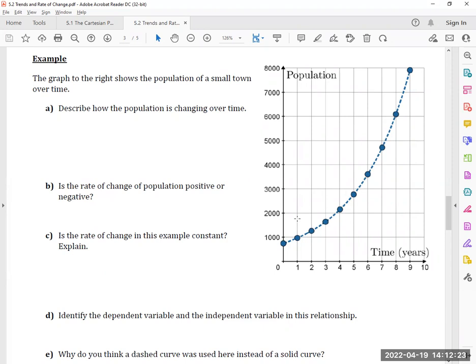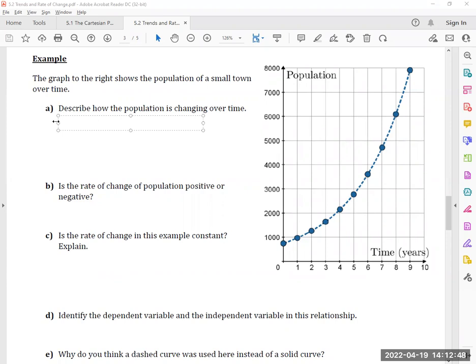Okay? Let's keep going. Describe how the population is changing over time. What would you say? Don't just say it's increasing. Oh, now that's an advanced word when it comes to functions like this.